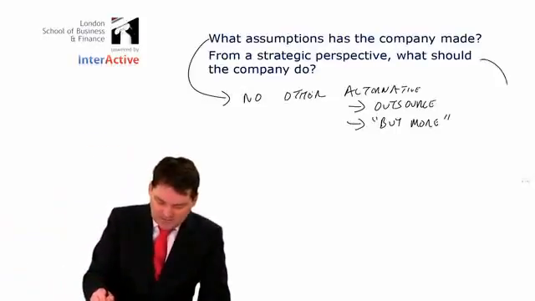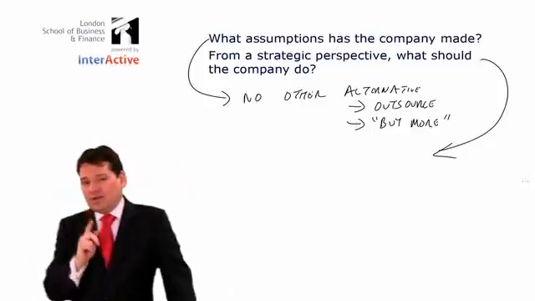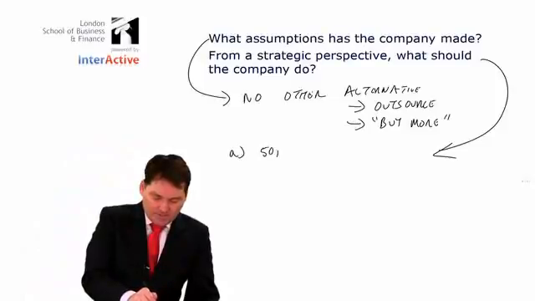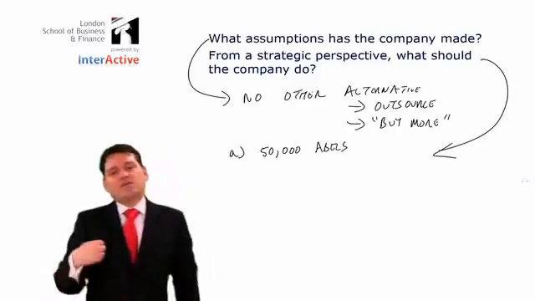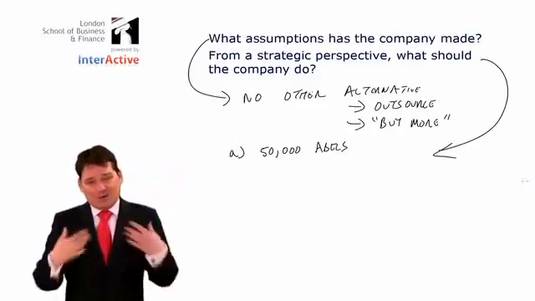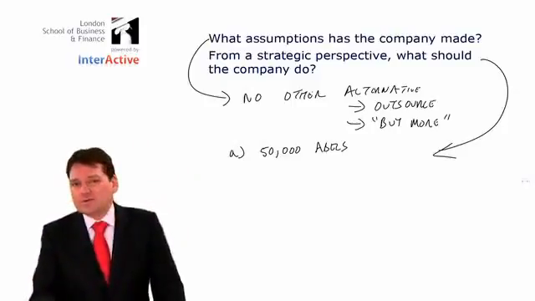From a strategic perspective, what should the company do? Well, if we are purely looking at what we want to do, remember in part A, we said we were going to make 50,000 Ables because that's what maximises our contribution. But that ignores what the customer wants.